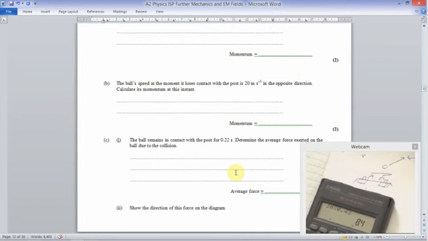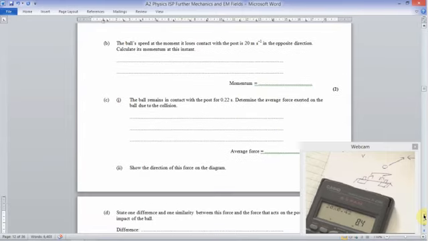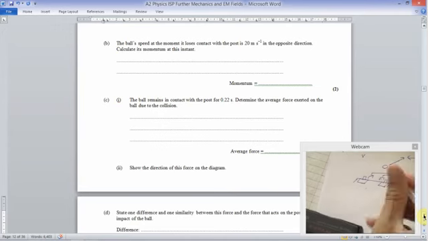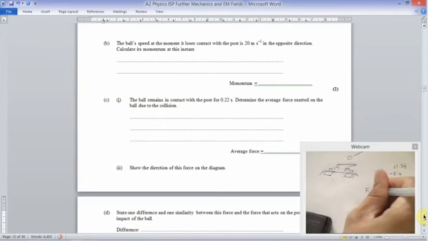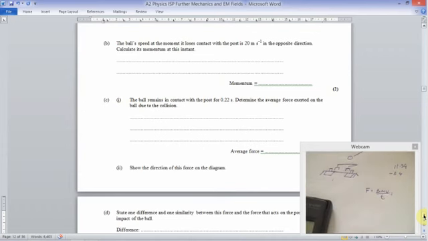So the ball remains in contact with the post for 0.22 seconds. So we've got the time for this change of momentum. Determine the average force exerted on the ball due to the collision. Well, we know that force is equal to change in momentum over time.